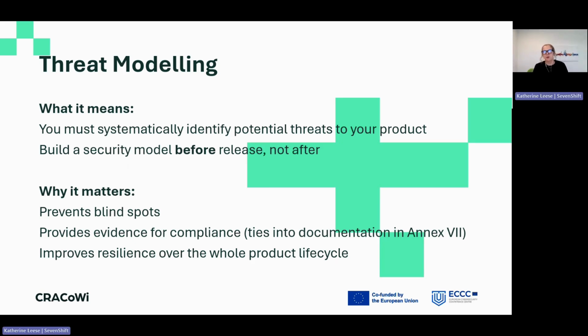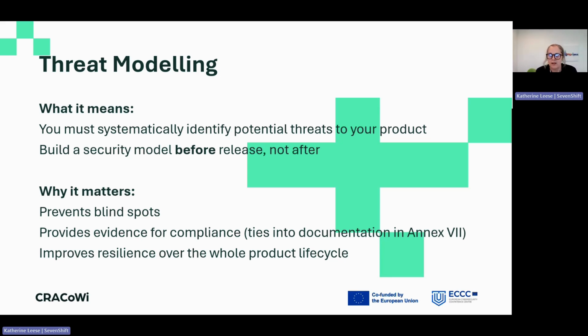So threat modeling, what is it about? We want to analyze the device and we want to work out what the attack vectors are before the product goes on the market and potential attackers have the chance to figure that out for themselves.